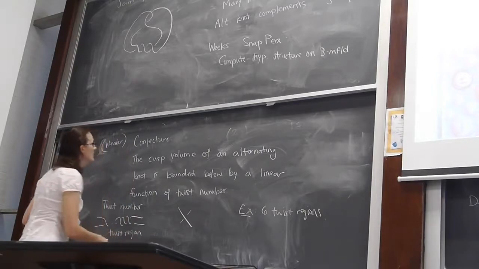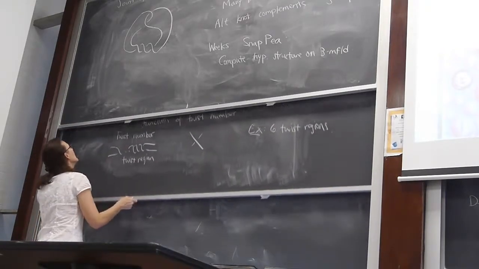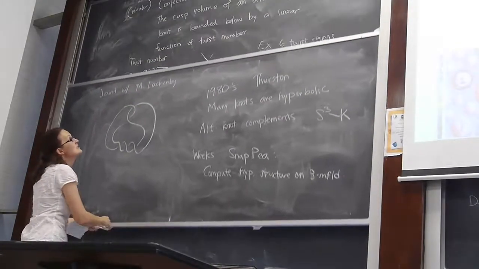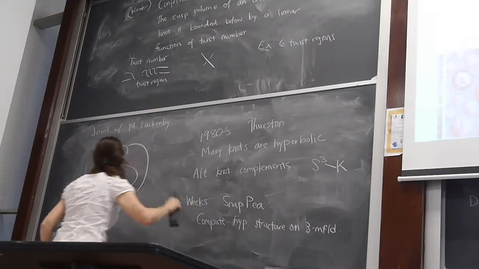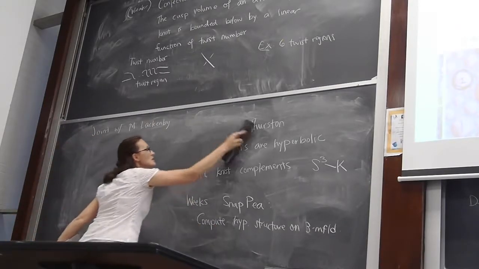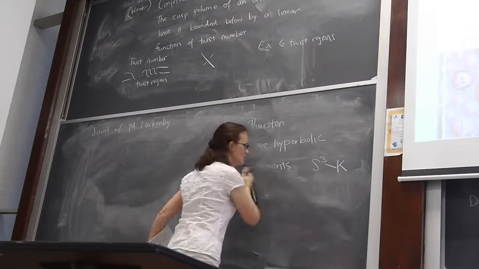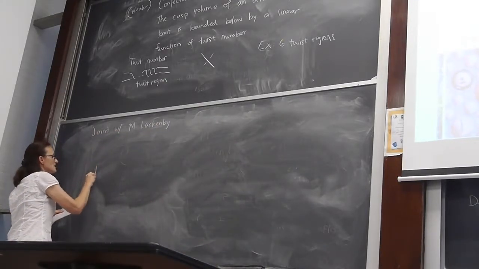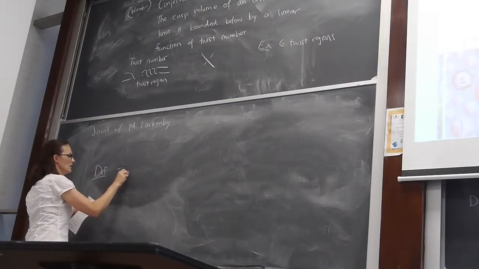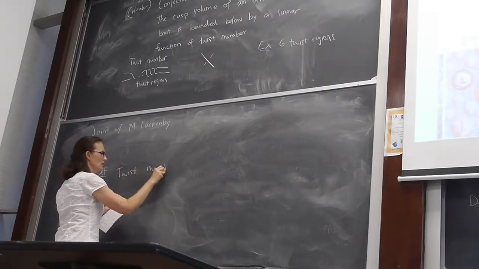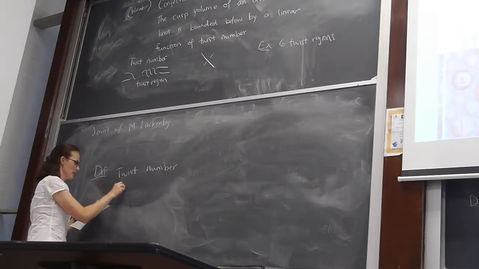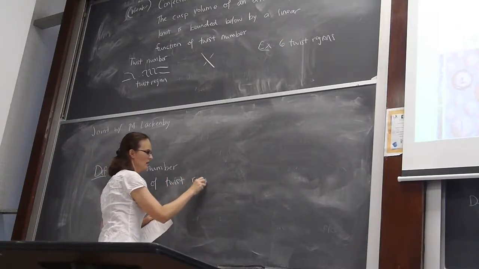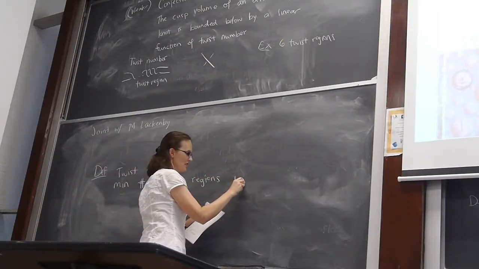And then we are going to define the twist number to be the minimal number of twist regions in an appropriately reduced diagram.